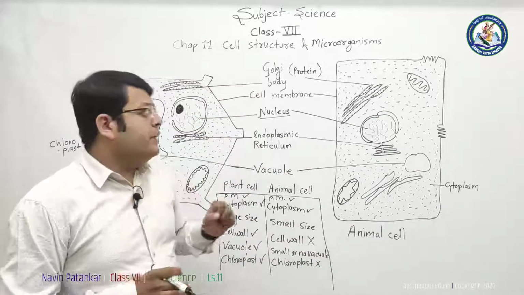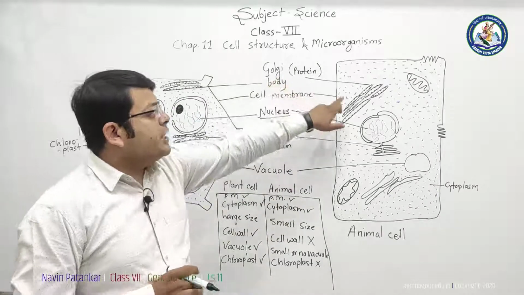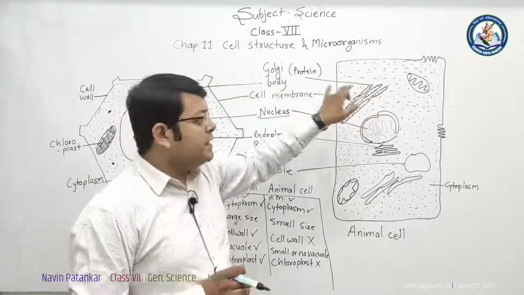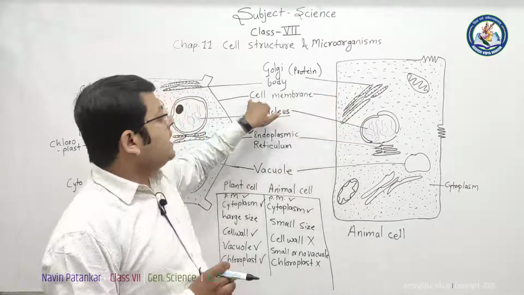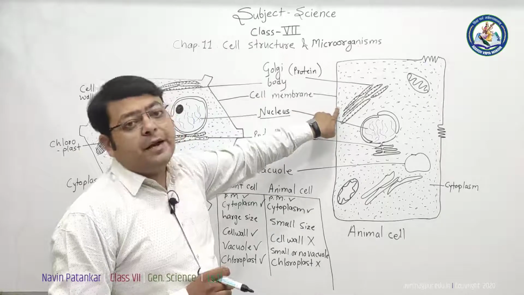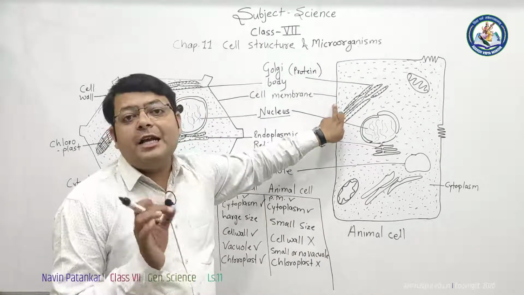And now we can talk about the structure of the animal cell. If you can see, the Golgi body is present in both plant cell and animal cell. Then the cell membrane is present, which is the outermost covering of the animal cell.